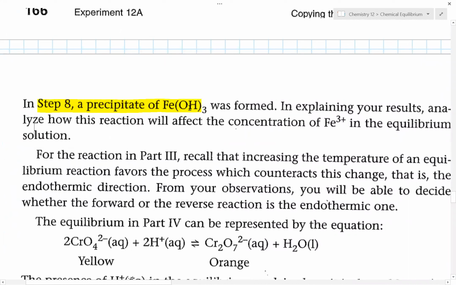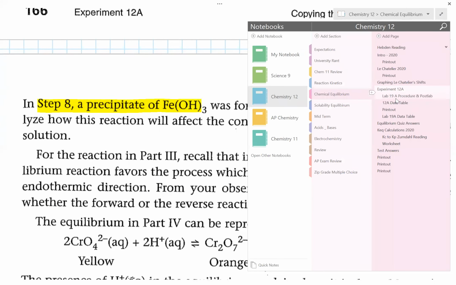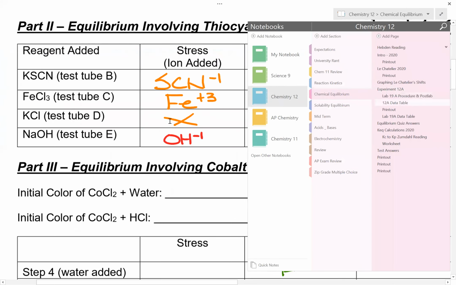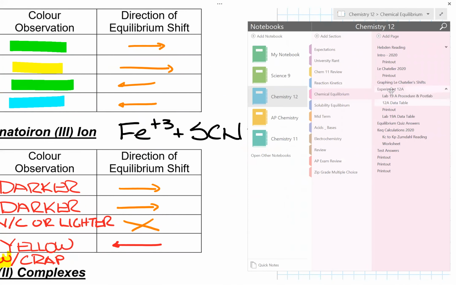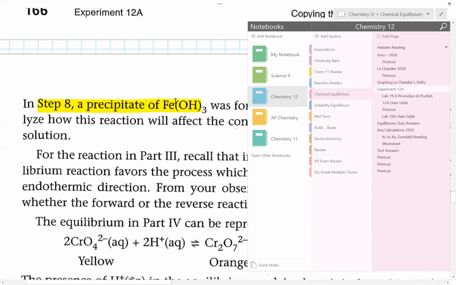Now, this is an example of the common ion, because the Fe, if we take a look back at our equation, was used not only for the FeSCN, but the Fe was also used for the FeOH3.